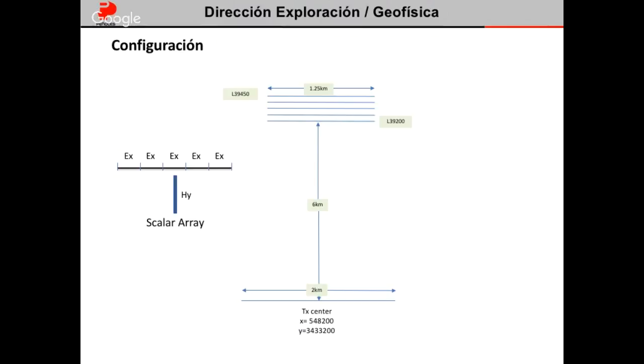And we are using this scalar array. We are measuring 5 electric fields and 1 magnetic field. This is a perpendicular magnetic field. This is the simplest array in CSAMT.